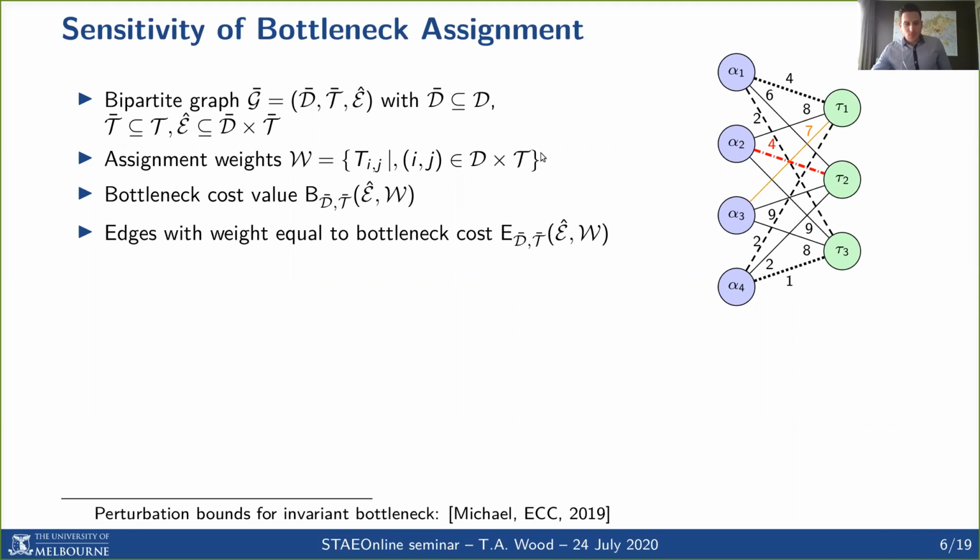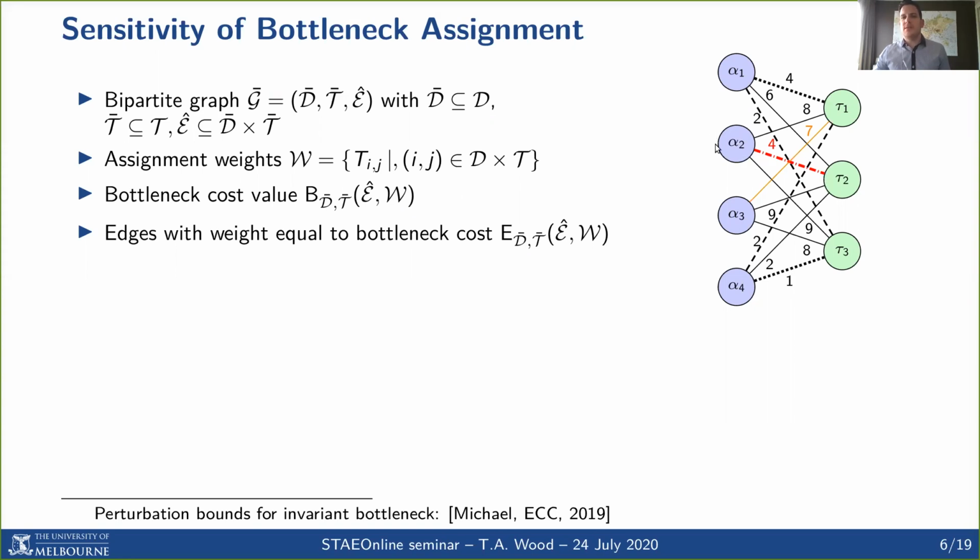Now, in the bottleneck assignment problem, we want to find a matching in this graph such that the largest weight in the matching is minimized. In this case here, this would be this edge shown in red with weight 4.